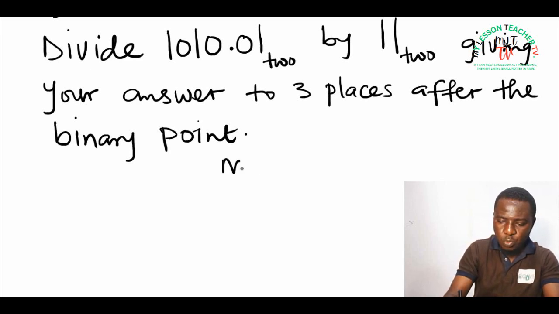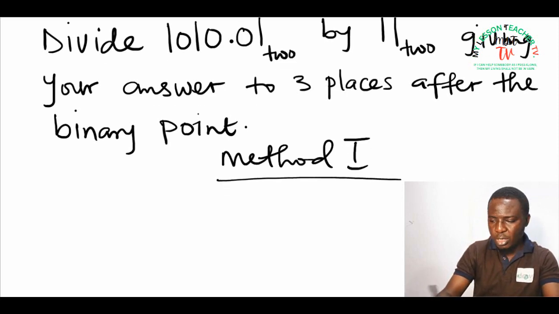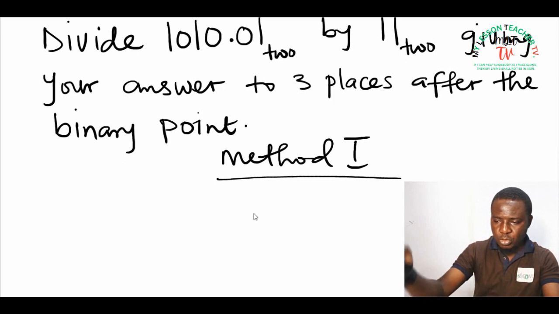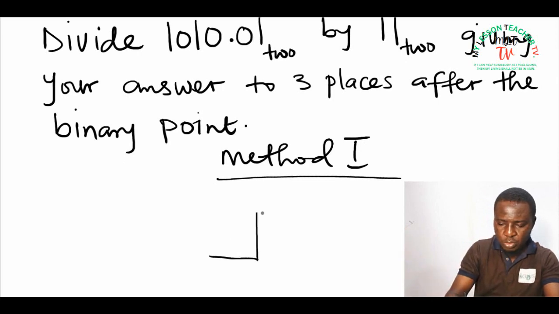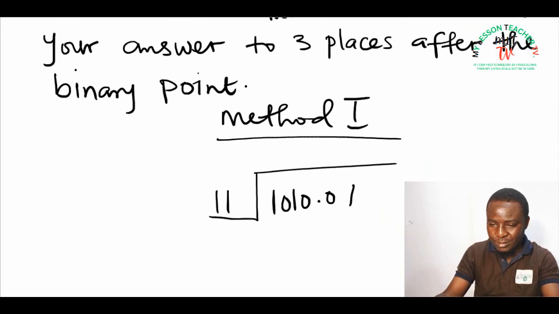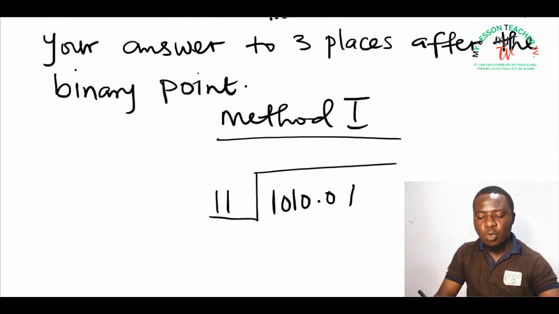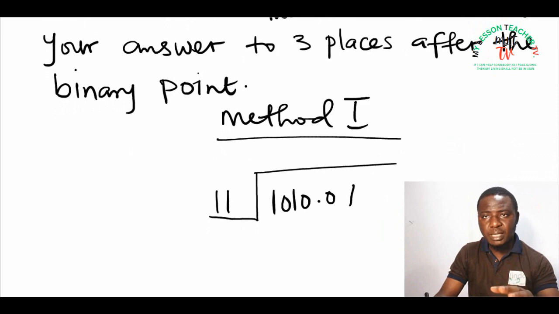So using method 1, let me specify method 1, in no particular order, I choose method 1 to be the long division method. So this is 1010.01 divided by 11. So still on division, 11 in base 2 is equivalent to 3 in base 10.